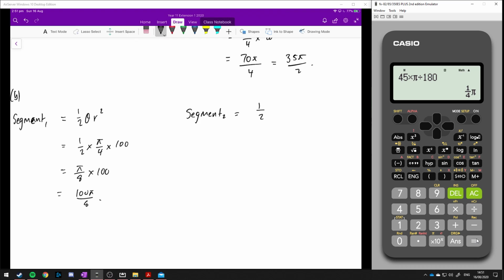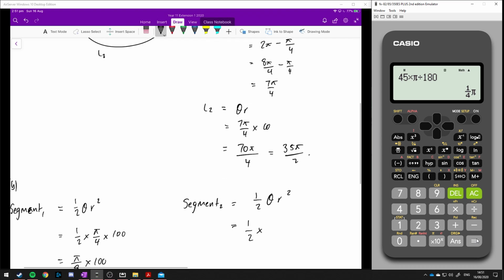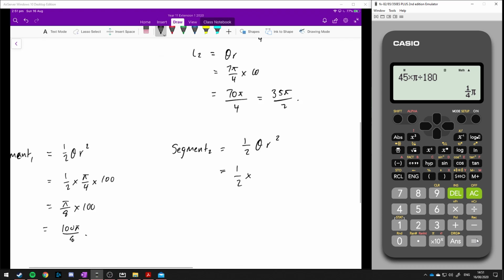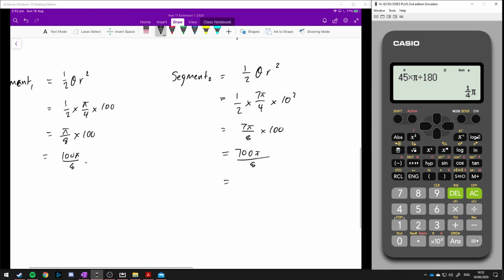So segment 2, also a half of theta r squared. In this one, it's a half times our theta value for the second one, which is 7 pi on 4, times 10 squared. So it's going to be 7 pi on 8 times 100, or 700 pi on 8, or something smaller, 350 pi on 4.